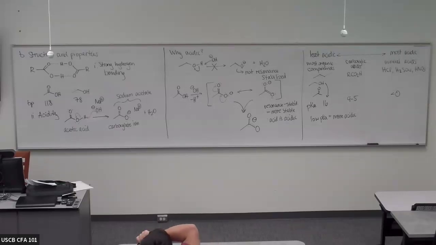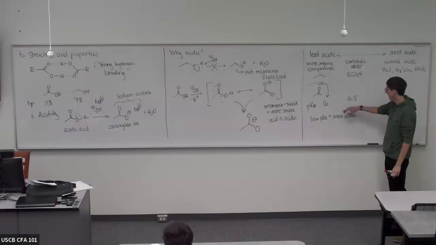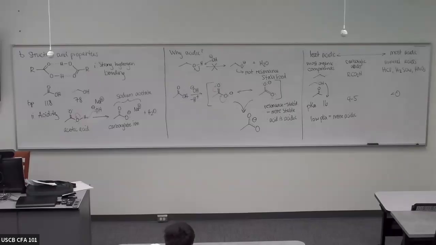Sulfuric acid. So, and this is a log scale. So carboxylic acids are 1,000 to 10,000 times weaker than sulfuric acid or these other acids. I don't know what 11 orders of magnitude is. Bazillions.